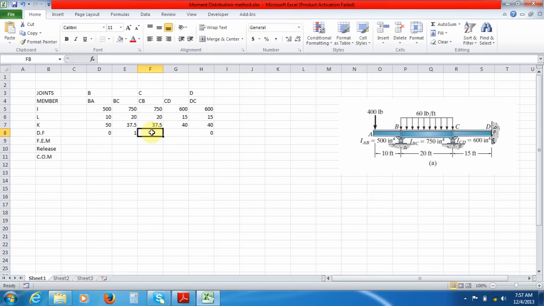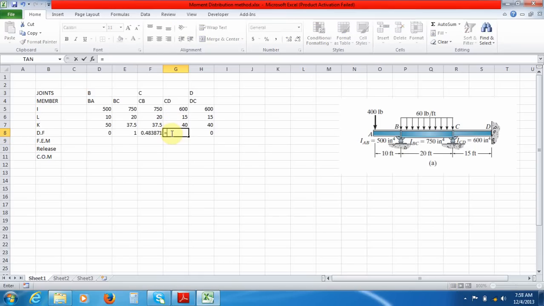Okay, now here the distribution factor of CB and CD. So what we will do is equal to 37.5 divided by the sum of these two, and enter.